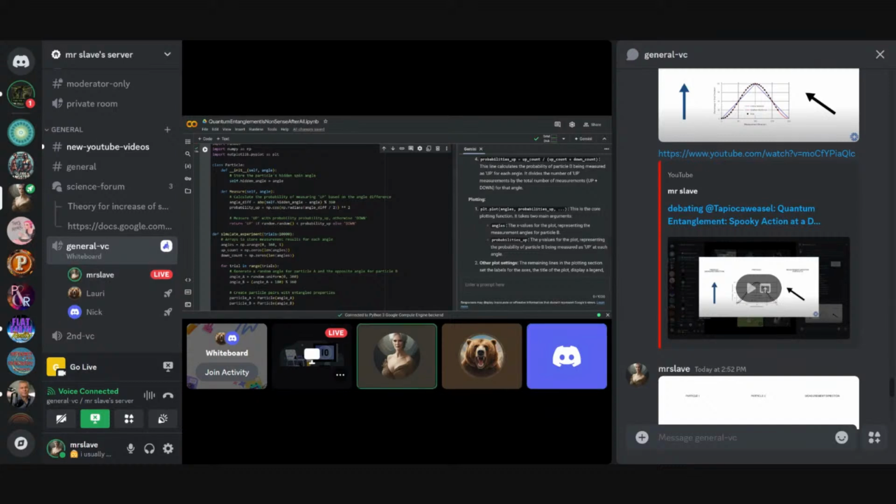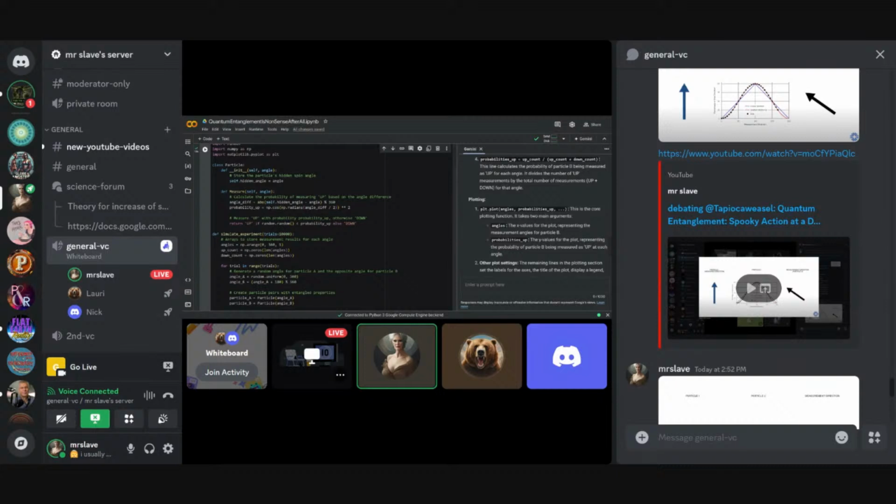Then we take particle A and we test it just in an up or down magnetic field. We don't know what the angle of A is. Particle A is in some random direction. We don't care in what direction it is. We cannot know exactly what it is. We just pass it in a magnetic field that is up and down, and we test particle A. Did it go up or down?